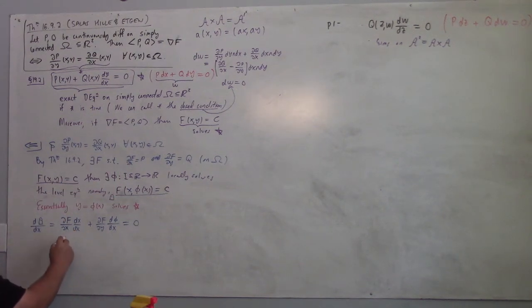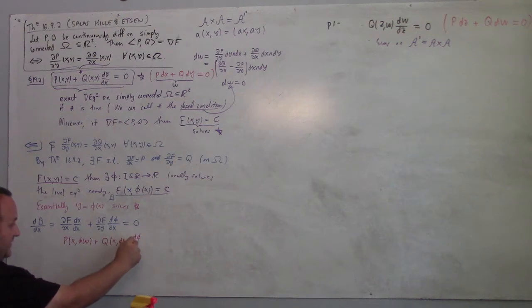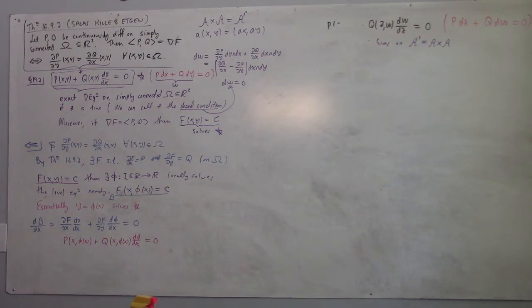So this is p of x comma phi x plus q of x comma phi x times d phi dx equals 0. That is exactly what's needed to solve star. When we put y equal to phi of x, it solves the equation.